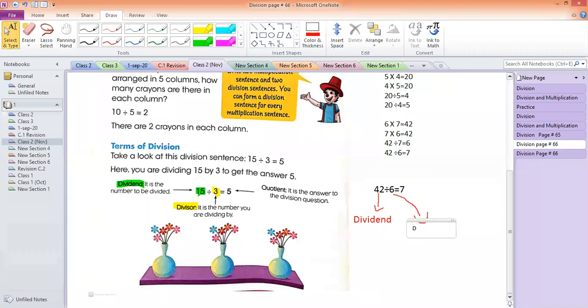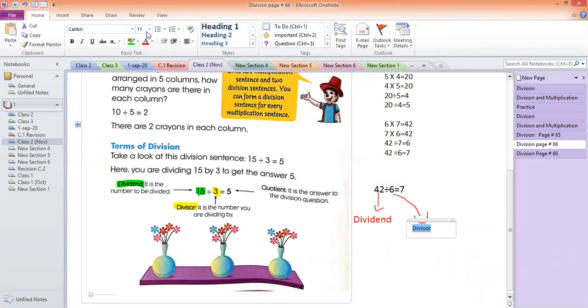D-I-V-I-S-O-R. And the answer you get after dividing the dividend by the divisor will be called quotient.